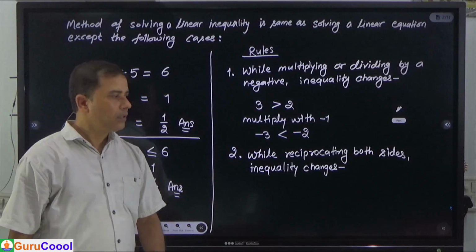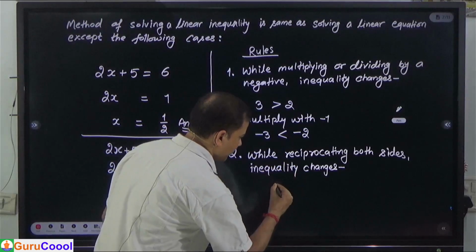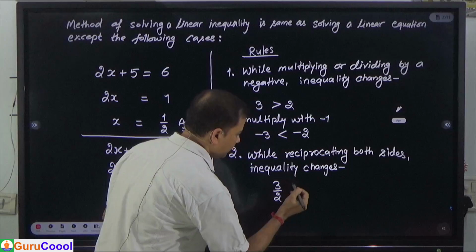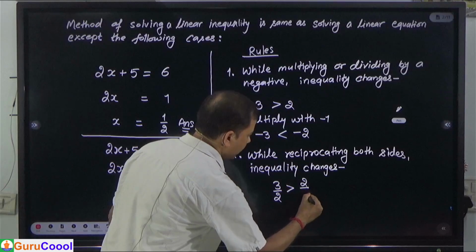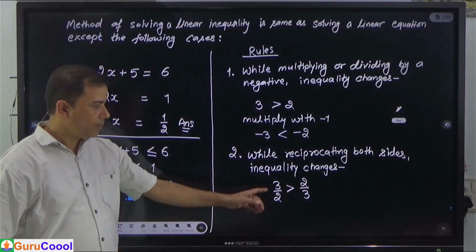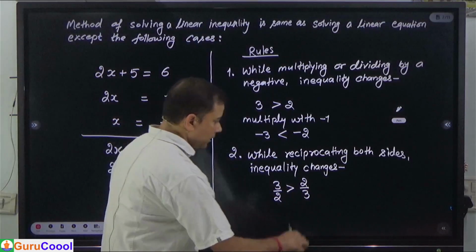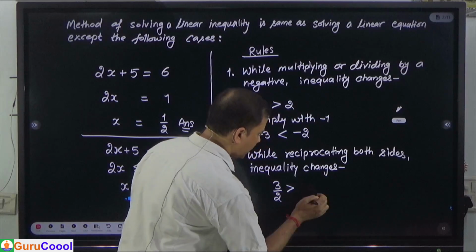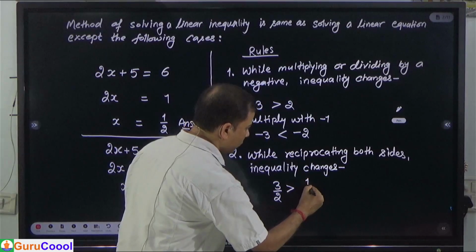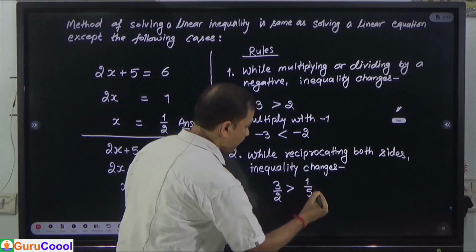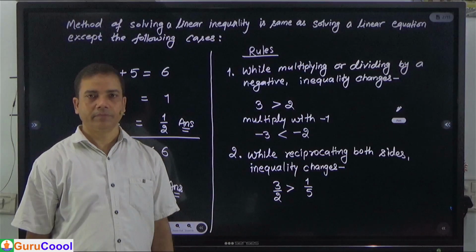So for example, let's write a different one. 3 by 2 is greater than 2 by 3. Or let me select a different one, not just the same numbers. So let's say 1 by 5. 3 by 2 greater than 1 by 5.